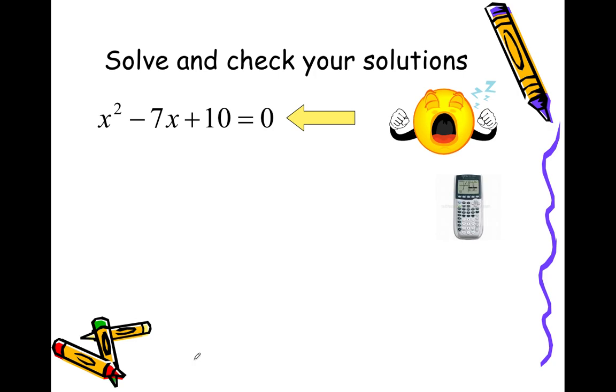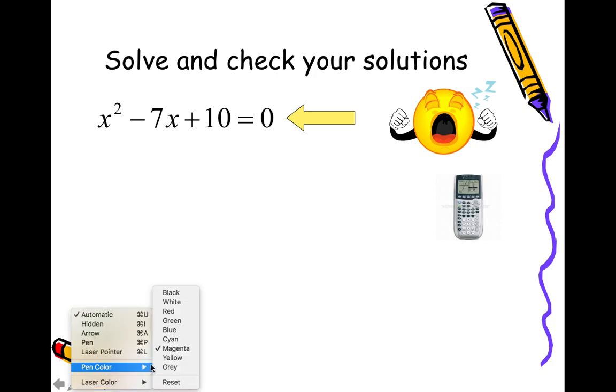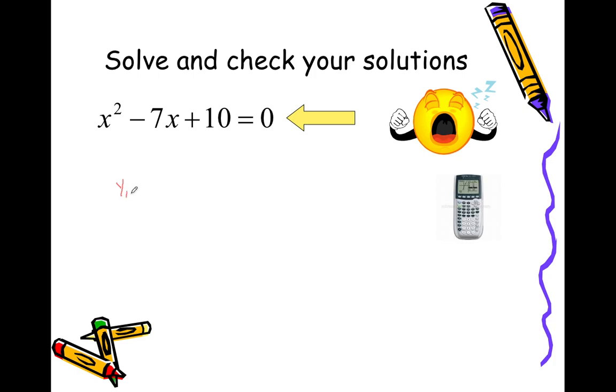Oh, I forgot also on your calculator, here's what I want you to do. I want you in your calculator in y1 to put x squared minus 7x plus 10. Then on your home screen, I want you to type 5, store, and then hit alpha A. Then on your home screen, I want you to do the following.